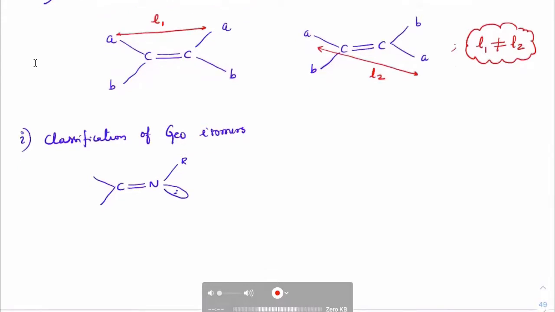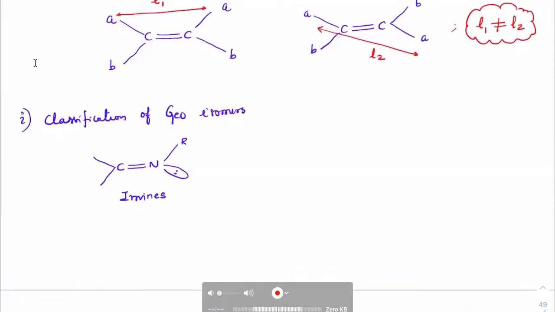Now, these type of groups where you have C double bond N with alkyl groups on all the positions are called imines. Just like amines, these are called imines. This is a family of compounds called imines.